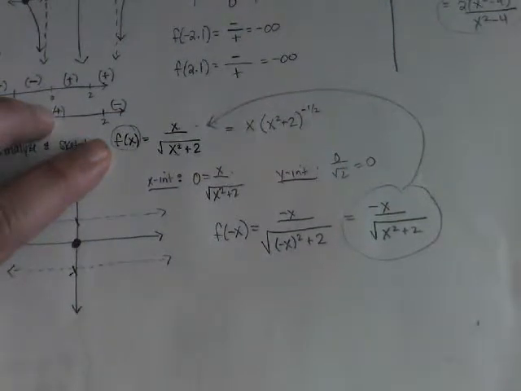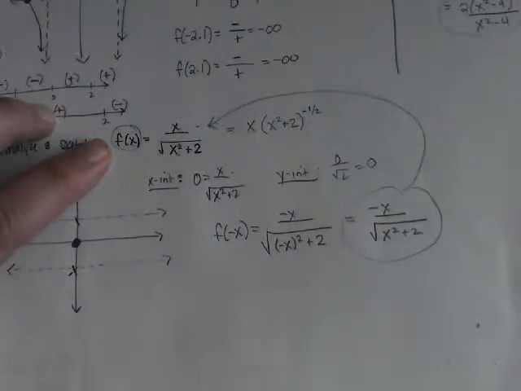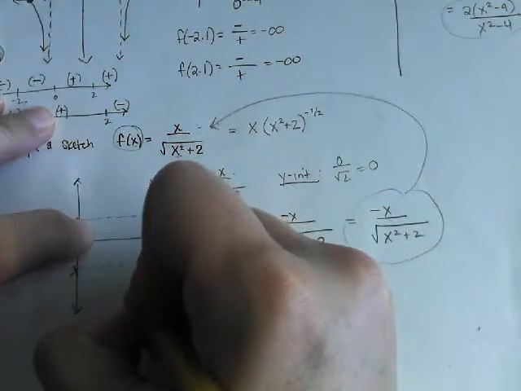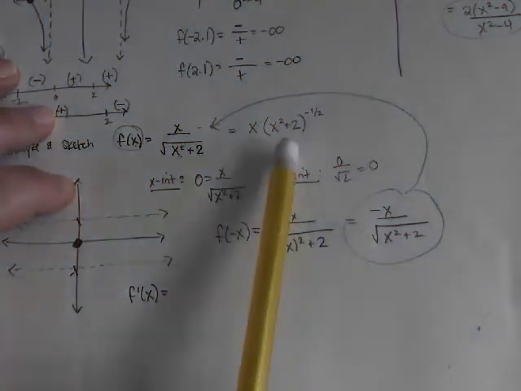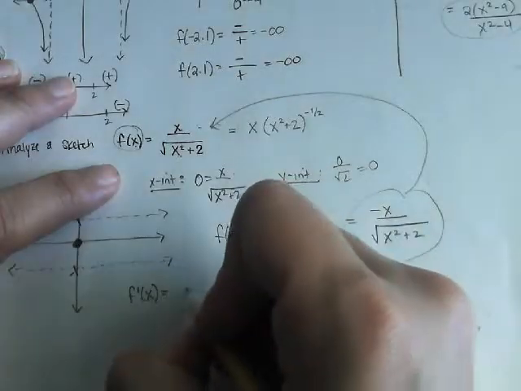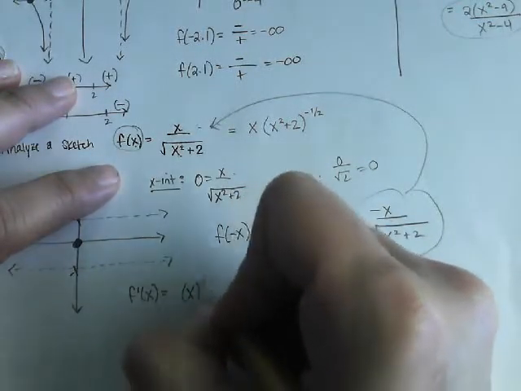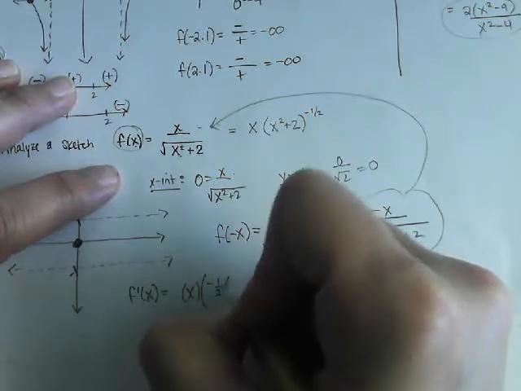So for my derivative, I need a product rule. So first times the derivative of the second. And that product rule just there requires the chain.